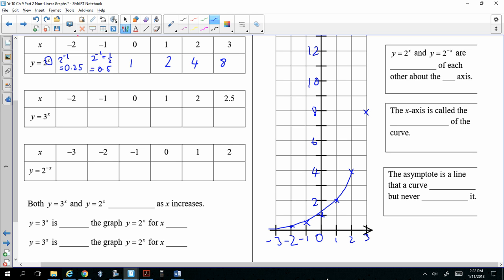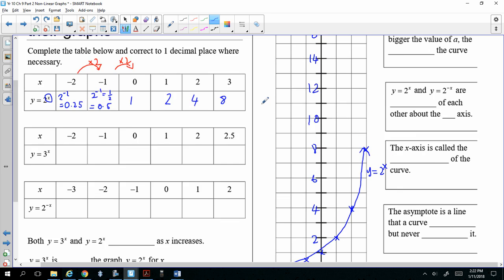And then we keep going. Okay, so we get this graph, y equals 2 to the power x. This is the exponential graph.